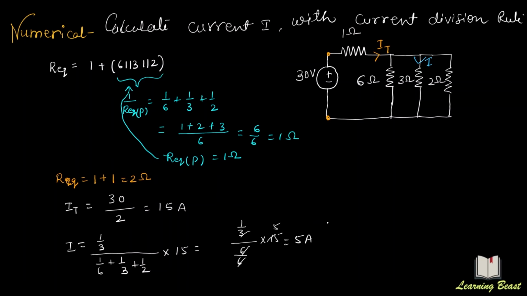Now one more method you can try. What you can do, just convert these two resistors and make a combination of these two. So this circuit will appear like this. So we are clubbing the 6 ohm resistance and 2 ohm resistance.